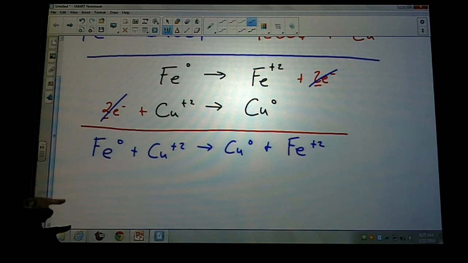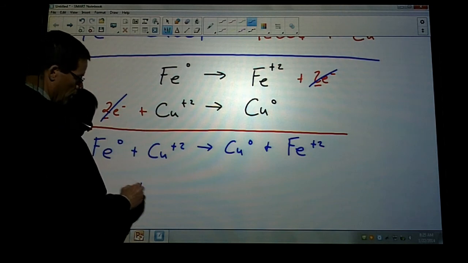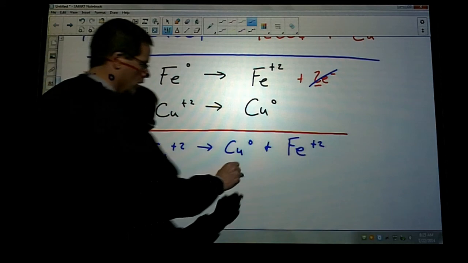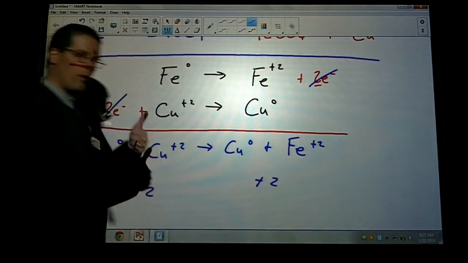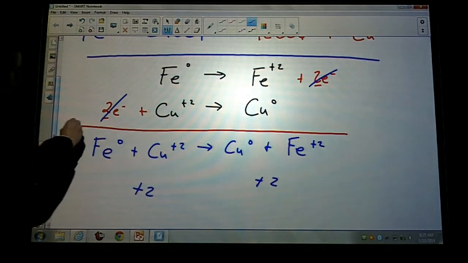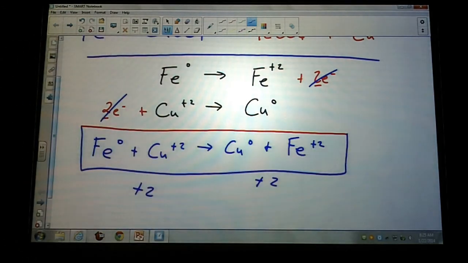And then the last thing I want to do is check charges. So iron has no charge, +2, so the overall charge on the left side is +2. Add 0 plus 2 equals +2. So my number of atoms are balanced and my charges are balanced. This is my answer for my redox equation. Isn't that easy?